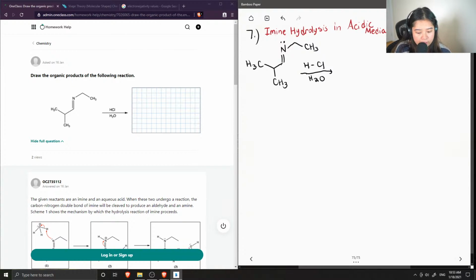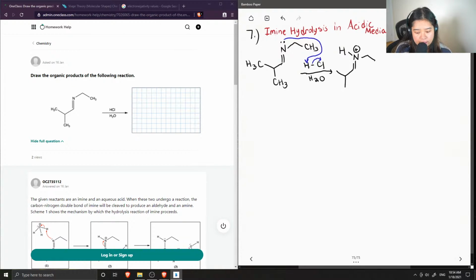Okay, so let me show the mechanism for this reaction. So first we have the lone pair on the nitrogen come in to abstract this proton, kicking off the chlorine. And we're left with this protonated nitrogen group that has a positive charge.